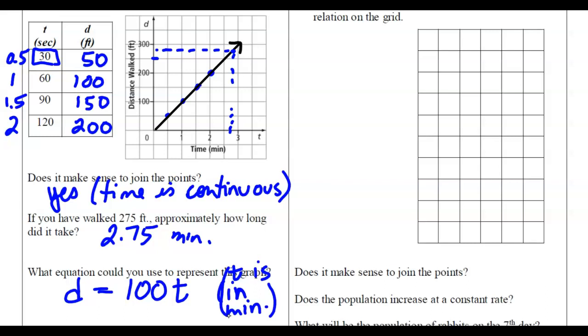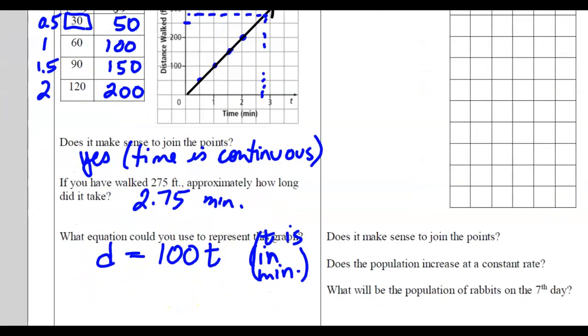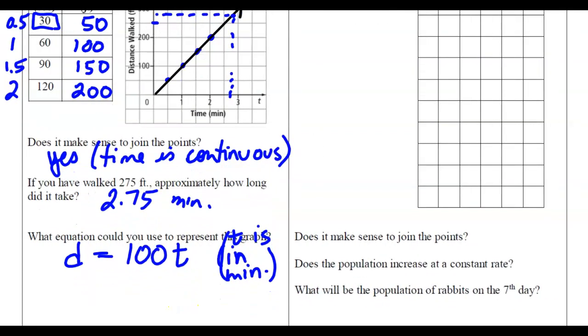So if t is in seconds, not t over 2, because there's 60 seconds in a minute. So we would go d equals 100 divided by 60 times t, right?